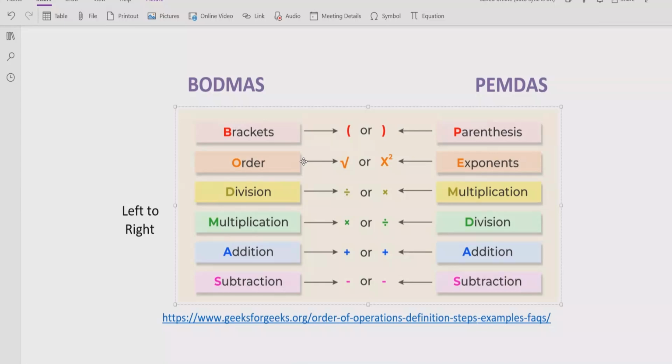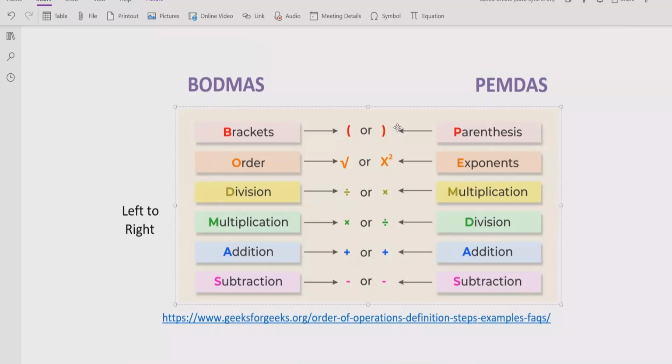After that, you have to go through your expression left to right and find the division and multiplication. If division is coming first, you have to solve the division first. And if multiplication is coming first, you have to solve the multiplication first.